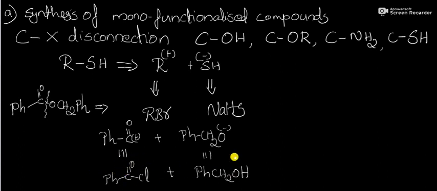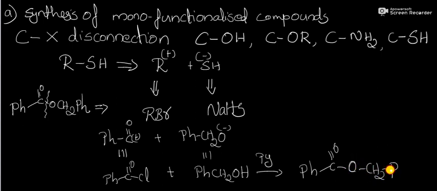The acid chloride reacts with this alcohol in the presence of a base like pyridine. We get Ph C double bond O CH2Ph by the elimination of HCl.